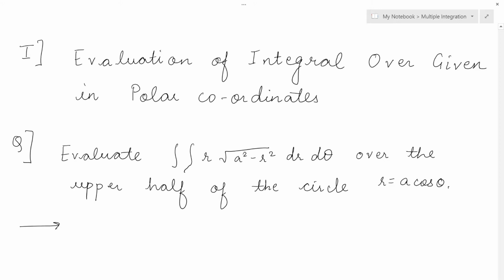Okay, so this is the question. The very first thing is the circle r is equal to a cos theta and it is only over the upper half. First of all, we have seen what the circle r is equal to a cos theta is.